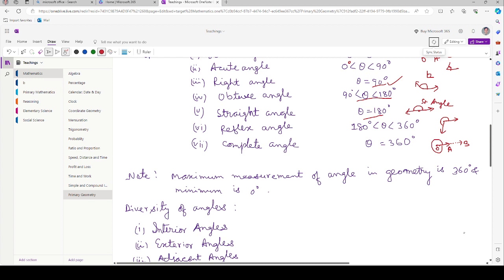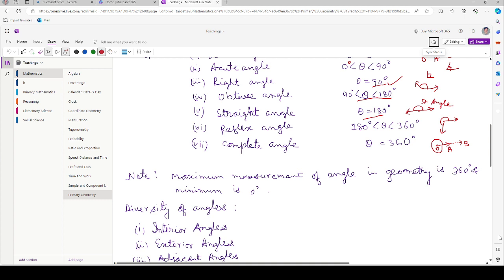It may be noted that the maximum measurement of an angle in geometry is 360 degree, whereas the minimum measurement is 0 degree. So, an angle in geometry is minimum 0 degree and maximum 360 degree. The value of an angle in geometry is in between 0 degree to 360 degree.